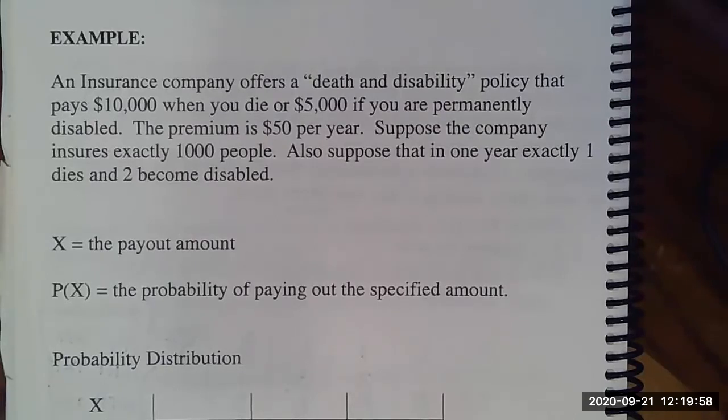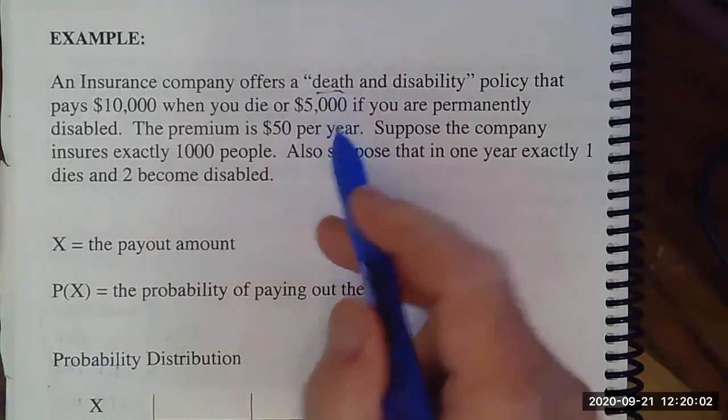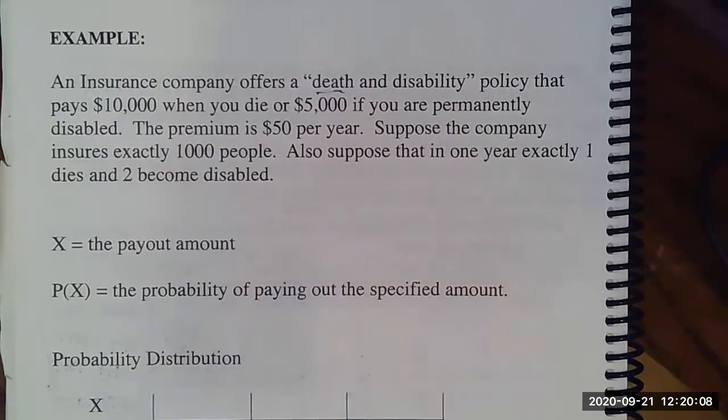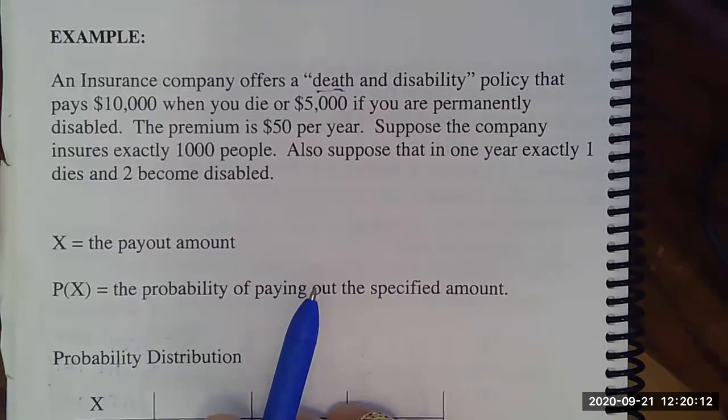In this case, we're going to have something like death. They call it life insurance, but it's really death insurance. You might have someone you know who talks about life insurance.